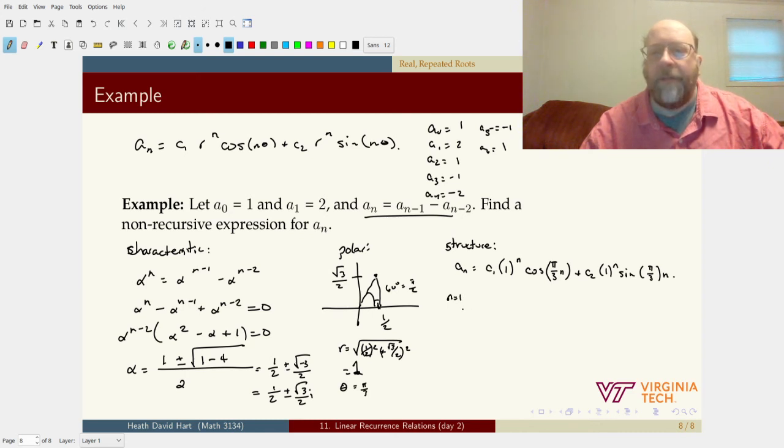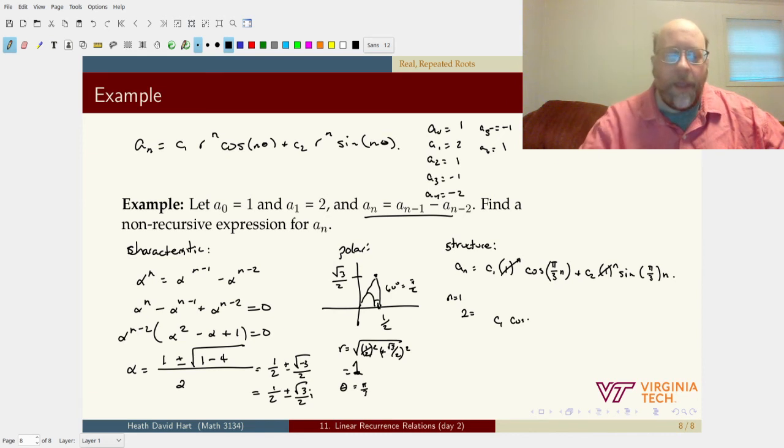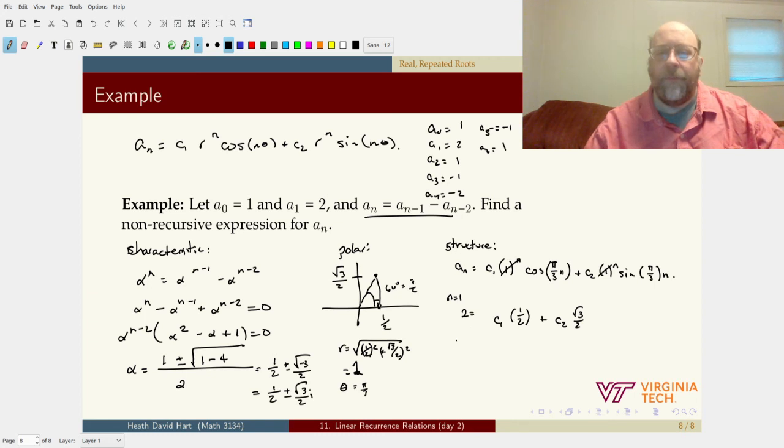That's going to give me a sub 1 is 2 is equal to c1 times 1 (1 to the n doesn't really make any difference here) times the cosine of pi over 3, and the cosine of pi over 3 is 1/2, plus c2, and then the sine of pi over 3 times 1 is square root of 3 over 2. And that equals 2.